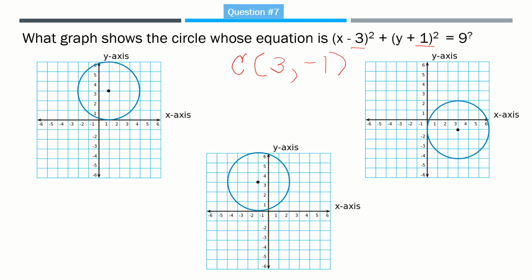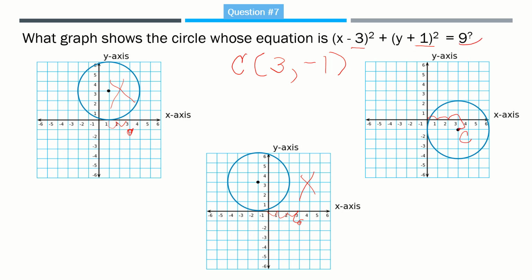So let's check these. Start at 0, 1, 2, 3, -1. The center is off, so that can't be the graph. All right, 1, 2, 3, -1. This can't be the graph. 1, 2, 3, -1. So this has the correct center.